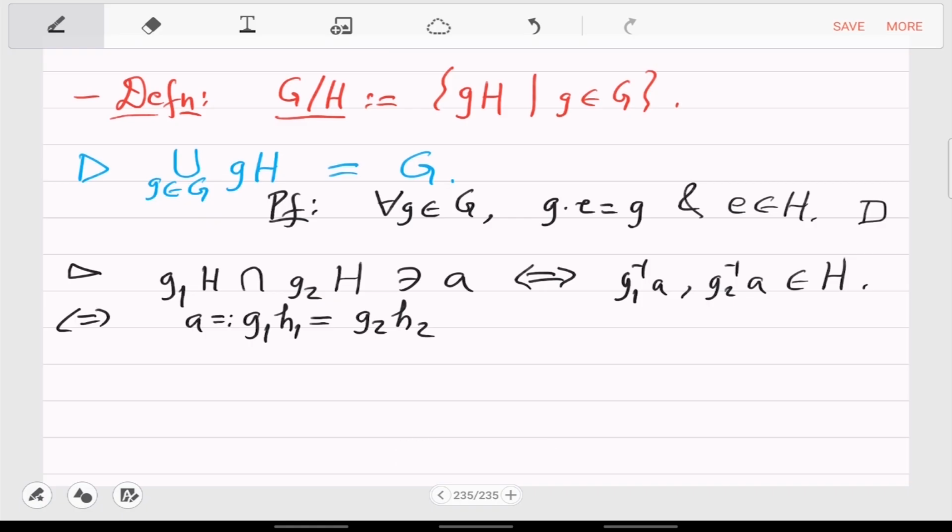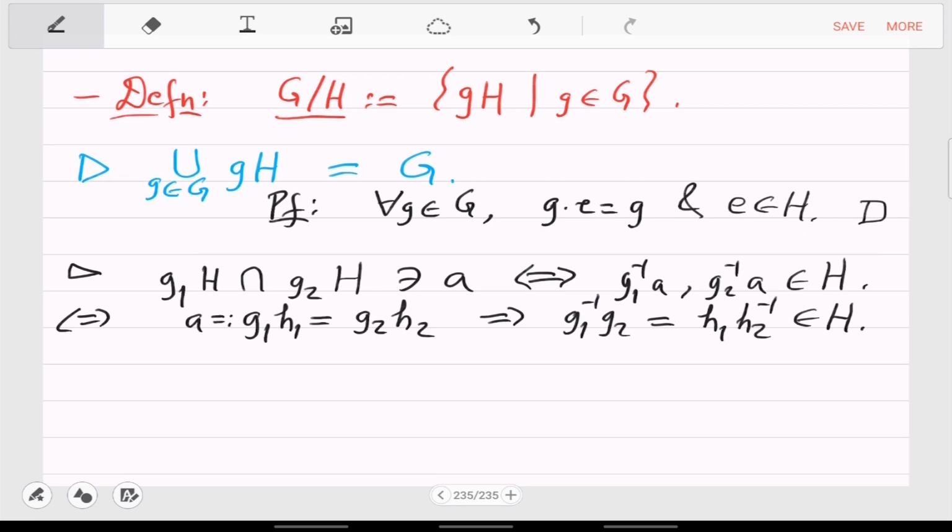And from this, you can deduce that G1 inverse G2 is equal to H1 H2 inverse, which is an element in the subgroup.